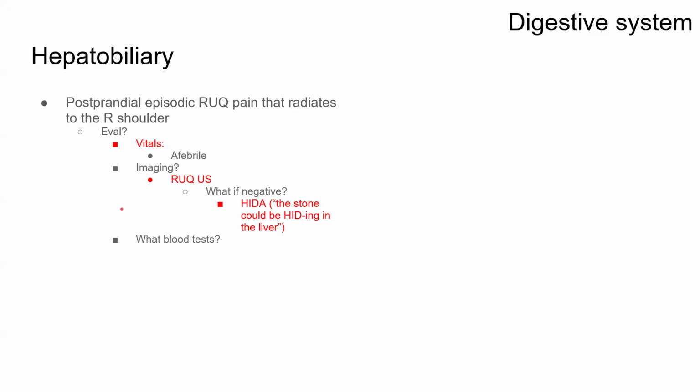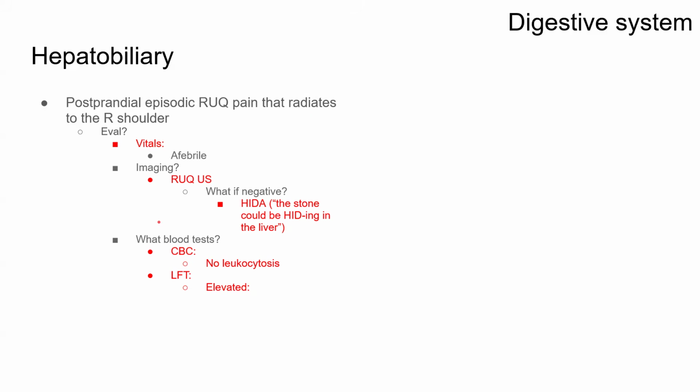What blood tests do you want to get for this patient? Usually you get a CBC, routine labs. Let's say you get a CBC and there's no leukocytosis. You can also get LFTs, liver function tests, and the results might actually tell you where the pathology is.